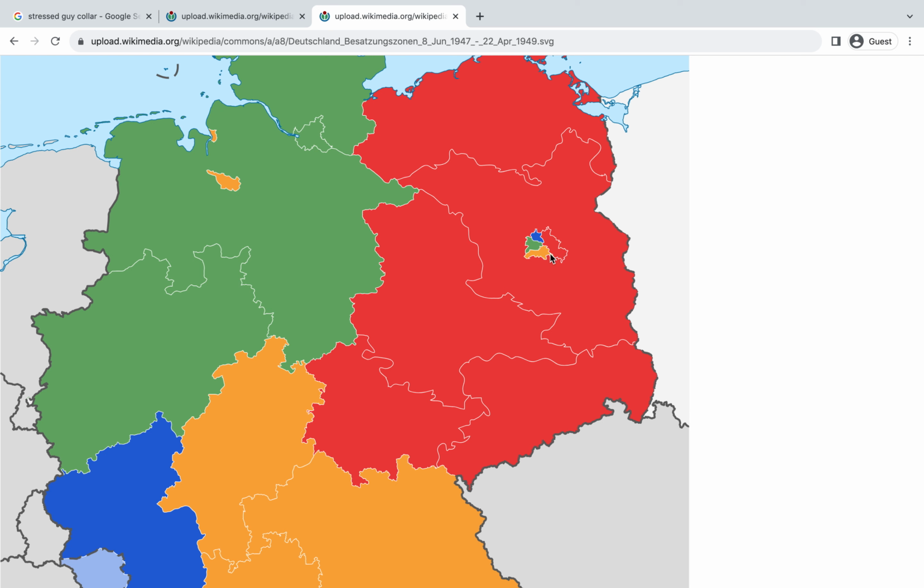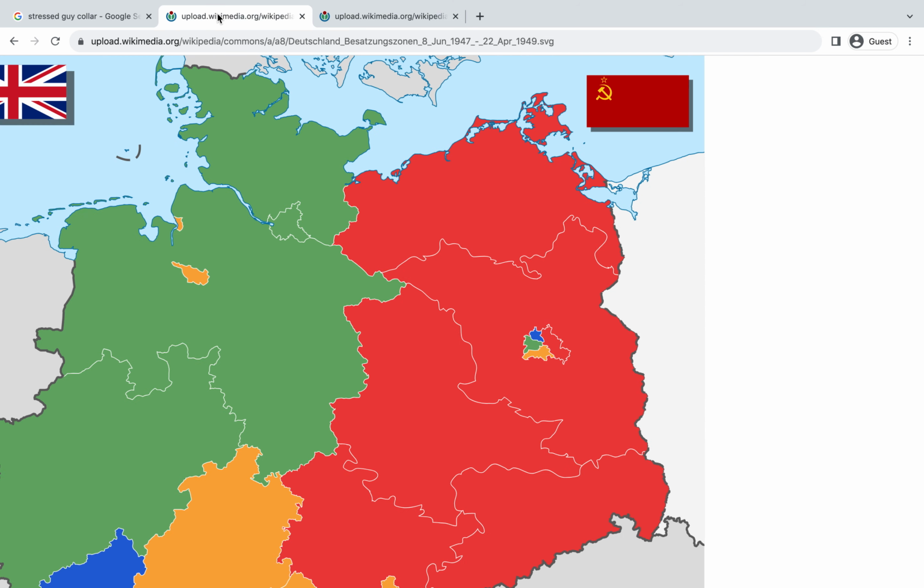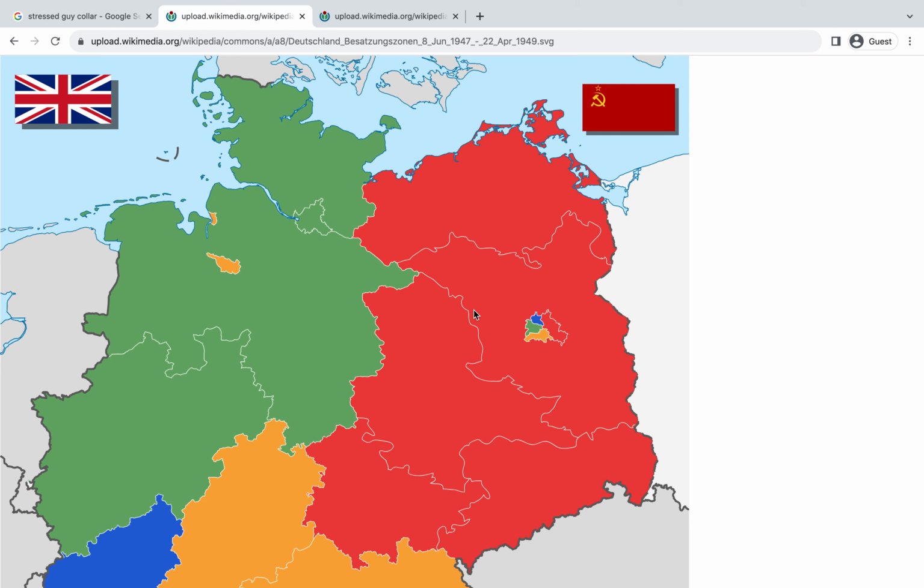And inside of Berlin, you have East Berlin, occupied by the Soviets, and then West Berlin, occupied by the Americans, the British, and the French. All right, now I've set the stage. I'm not saying this arrangement is particularly great, but it is the arrangement they came to.